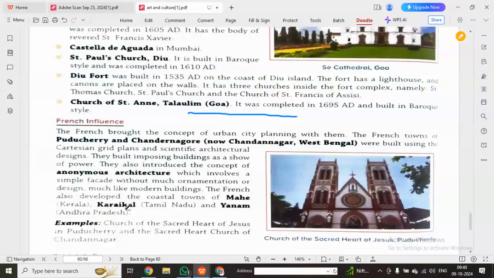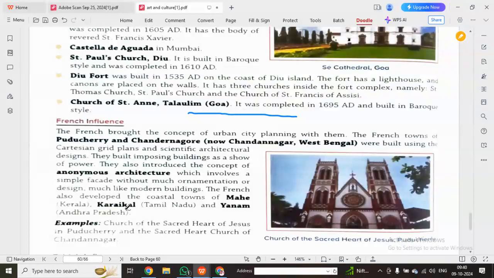The French towns of Pondicherry and Chandannagar, West Bengal were built using the Cartesian grid plans and scientific architectural designs. So they built imposing buildings as a show of power.